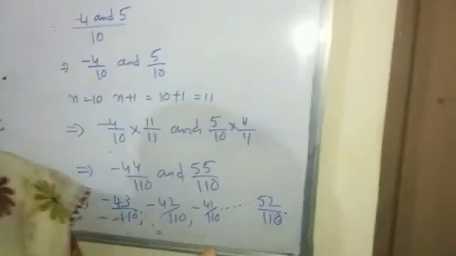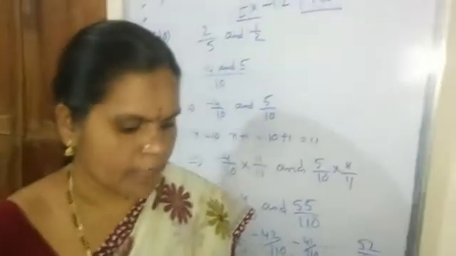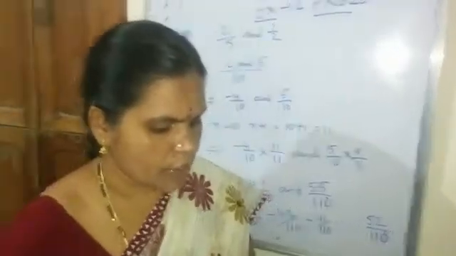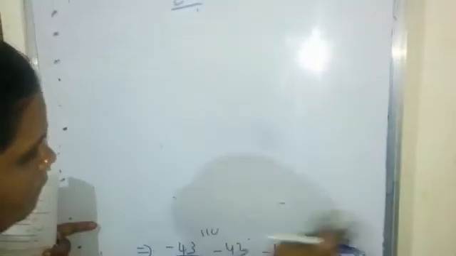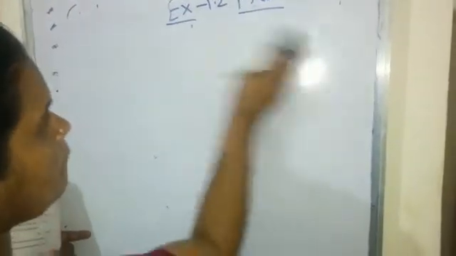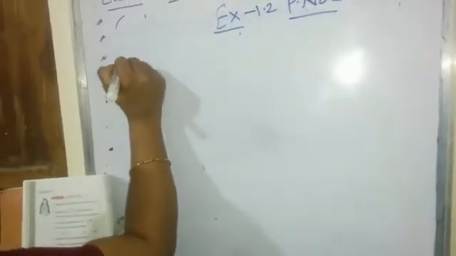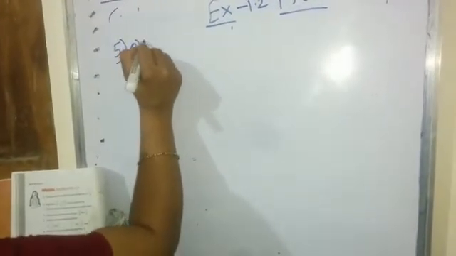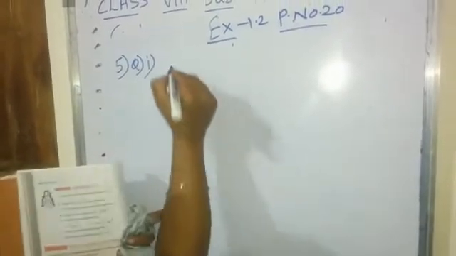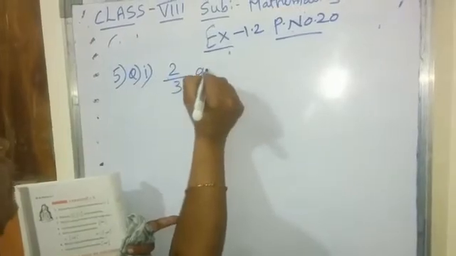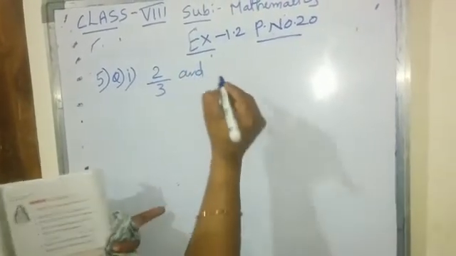See, children, fifth one: find 5 rational numbers between 2 by 3 and 4 by 5.